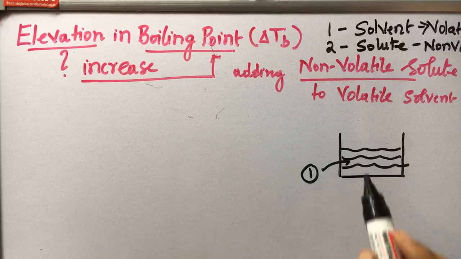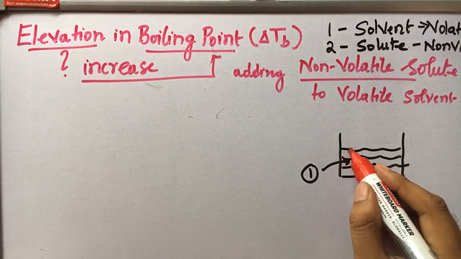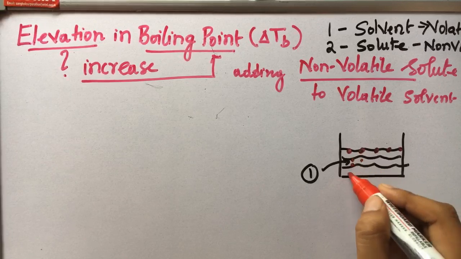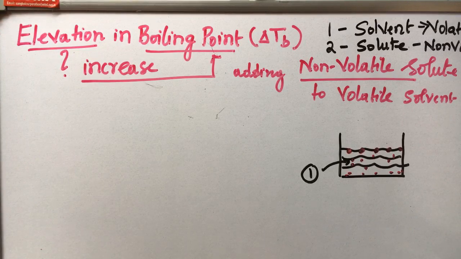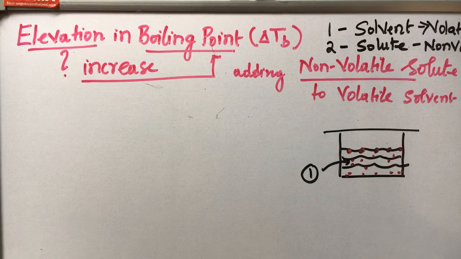Now let me say that we are adding component 2, which is uniformly distributed in the solution. Now let me say that this beaker is closed. You know that liquid has the tendency to undergo evaporation.